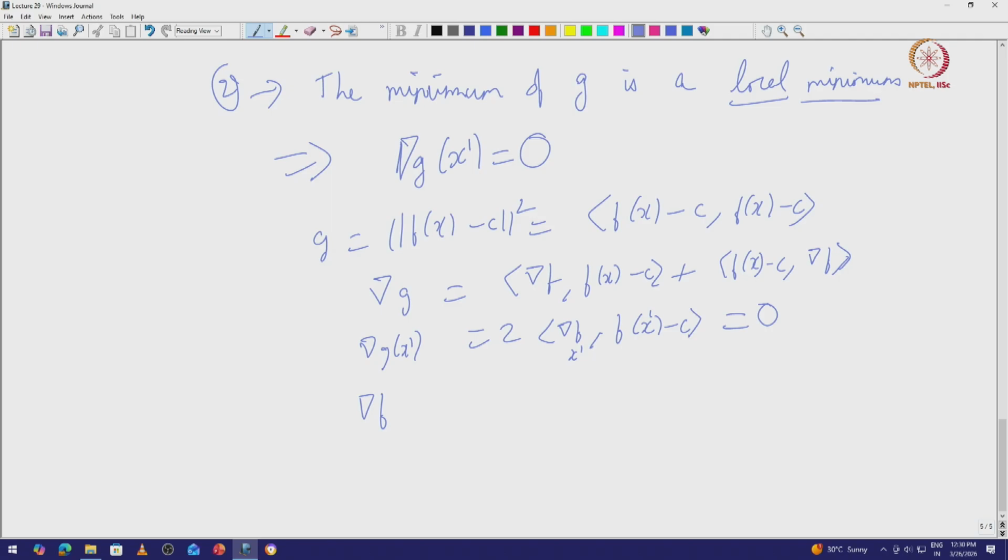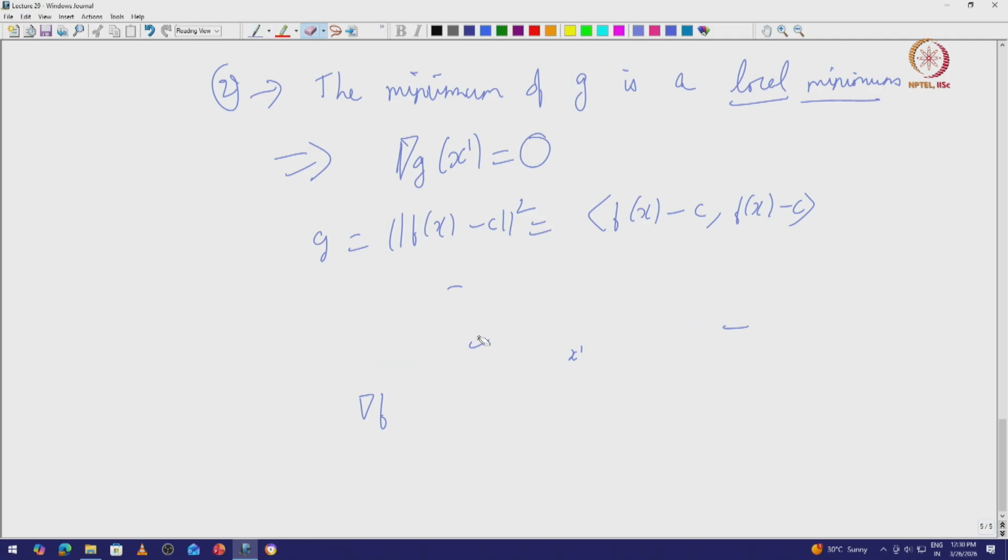Maybe a better notation, so that we don't confuse ourselves: the gradient of f is the derivative of f at x dash times f of x dash minus c.